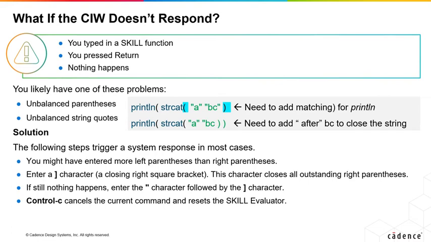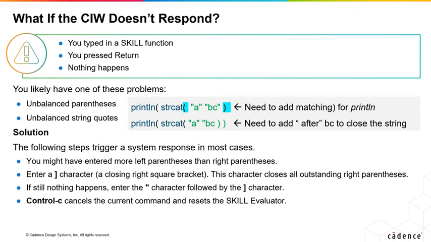Now, the solution to either of these depends on the situation, but is to follow a couple of steps. Let's assume you might have entered more left parentheses than right, meaning you need to close out at least one right parenthesis.